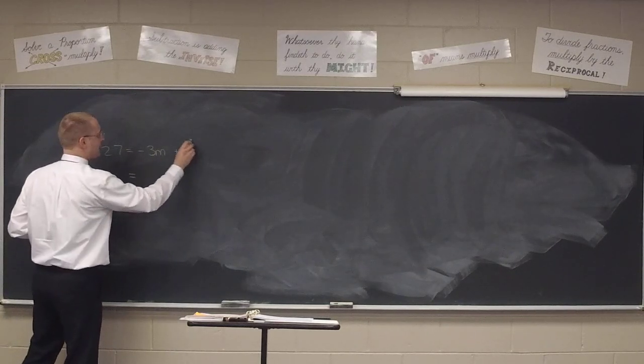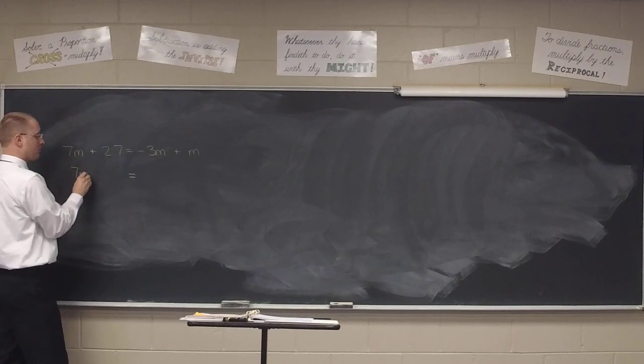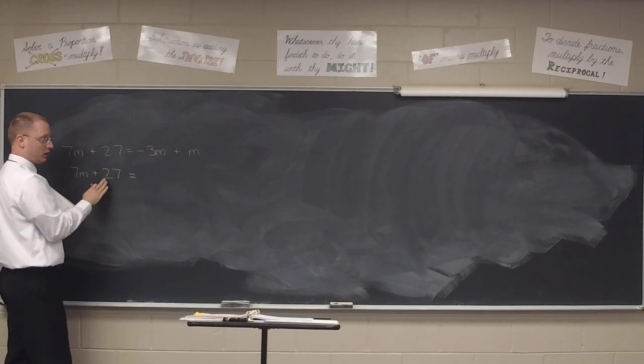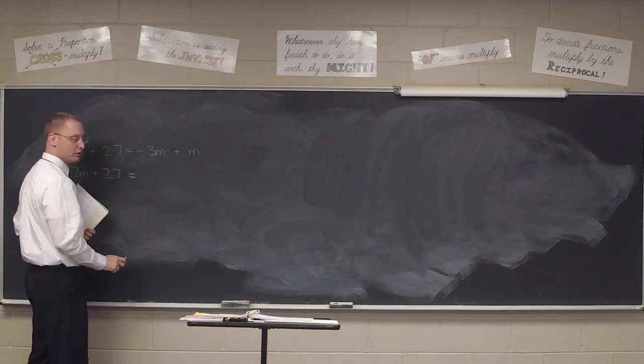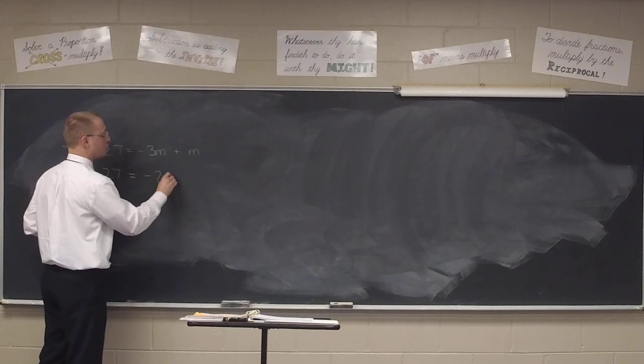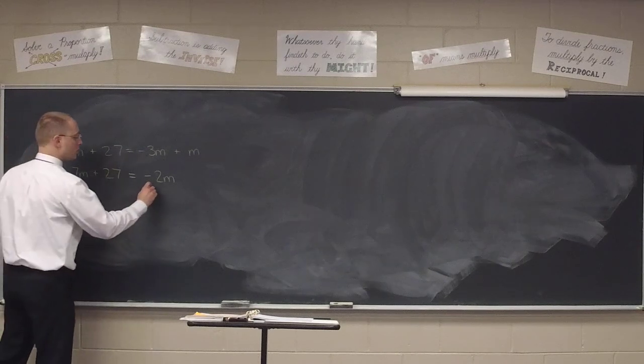So we'll go ahead and combine our like terms. Nothing on the left-hand side can combine because 7m and 27 aren't like. But negative 3m and positive m are like, which combine to give you? Negative 2m. From this point now, Lana, I've got an m on both sides of the equal sign, but that's no good. You add positive 2m to both sides.